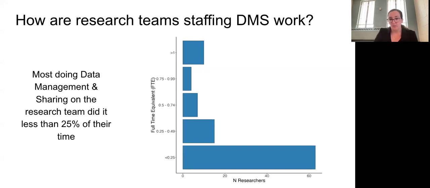And as you can see from the bar, that very lowest bar is by far the most common. Most researchers reported that their teams or collaborators, the people doing data management for their projects, are doing it at less than a quarter of their time. And so this means that there is a lot of individuals doing data management and sharing infrequently, or as a small part of the other things they're doing.